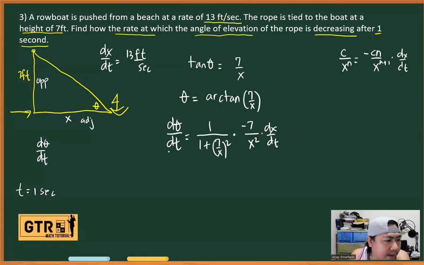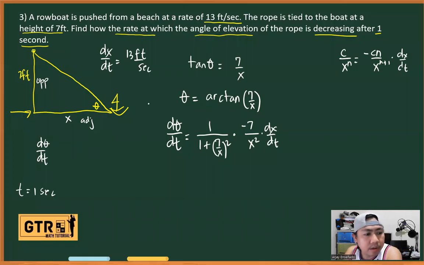So substitute na lang natin ang mga given natin. Find the rate at which the angle of elevation of the rope is decreasing after 1 second. Okay, so substitute lang natin yung mga given natin.